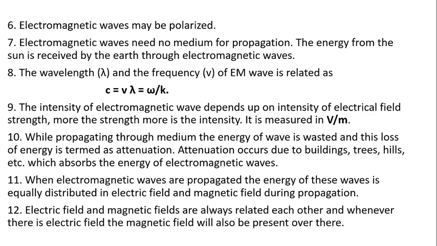Next, when electromagnetic waves are propagated, the energy of these waves is equally distributed in the electric field and magnetic field during propagation. Electric and magnetic fields are always related to each other, and whenever there is an electric field, the magnetic field will also be present there.